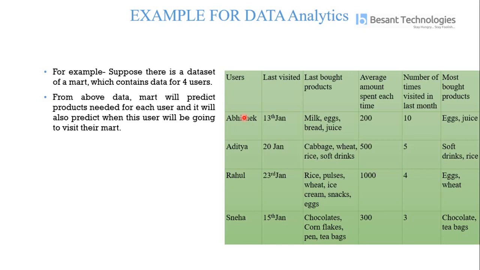The next thing is, with data analytics, we can even analyze today's sales report of my company. What's happening today in my company, I can analyze that also. So data analytics is nothing but analyzing what is happening now, the present data.